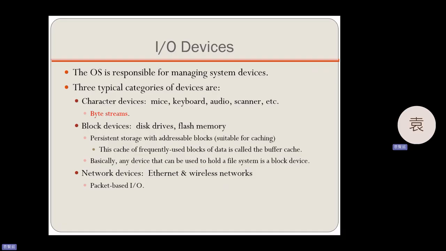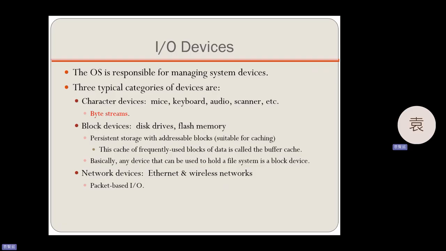The frequently used blocks may need to be cached in the system's memory, so they don't need to be retrieved from the device from time to time. In general, any device that can be used to hold a file system is a block device.